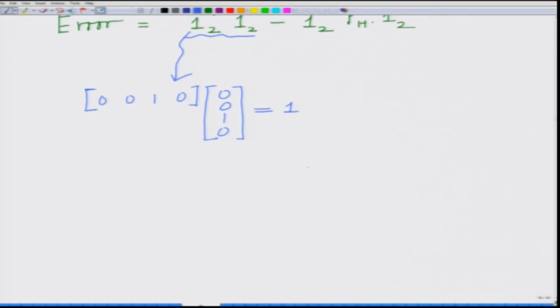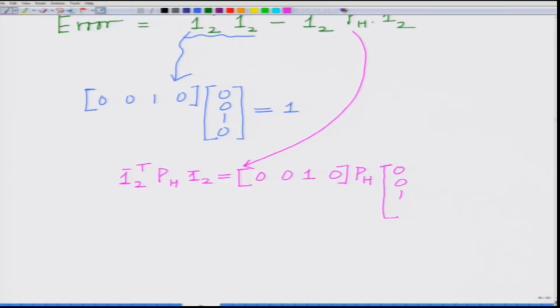Now, this entry 1 bar 2 transpose P_H 1 bar 2 is basically 0 0 1 0 row vector times P_H times the column vector 0 0 1 0, and you can check that all this does is pick the 2 comma 2 entry of the matrix P_H.